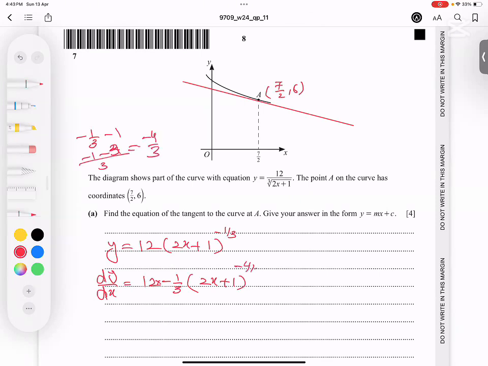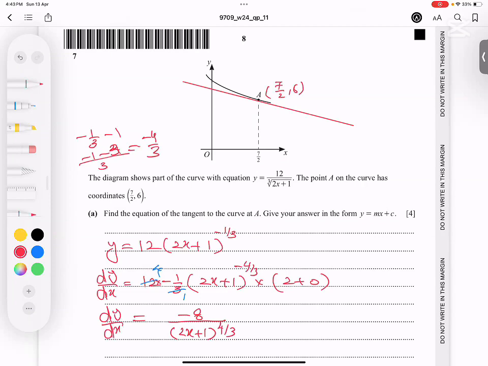So -4/3 into, many students miss this part, the derivative of this is 2, and the derivative of 1 becomes 0. So this 3 cancels, and 4 times 2 gives us 8. And finally, -8 in the numerator. This power will go to the denominator, and I get back (2x plus 1) to the power 4/3.